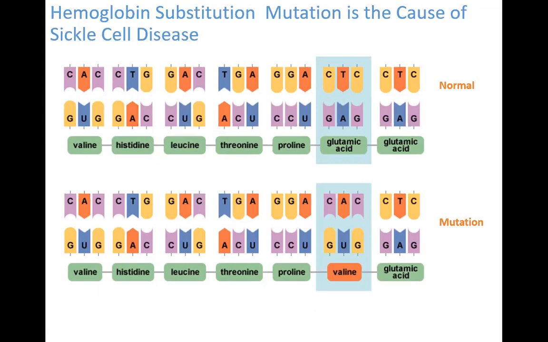You can be a carrier of the disease if you only have one of the 2 genes. So you have to be, as they say, homozygous recessive. The disease is a recessive trait. You have to have both recessive traits. However, if you have it, then you have substituted valine in for glutamic acid at the number 6 spot.